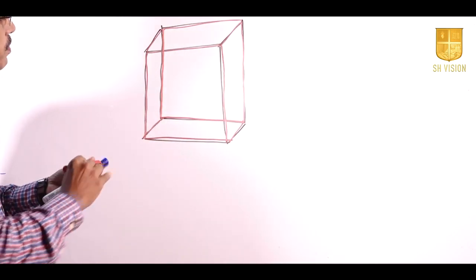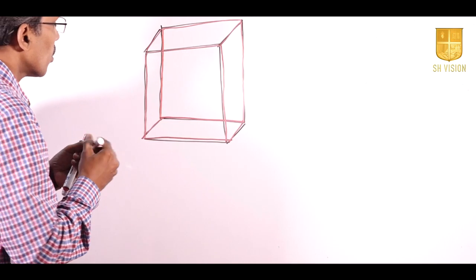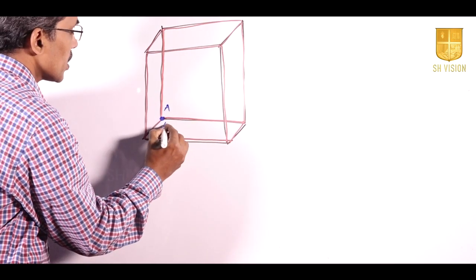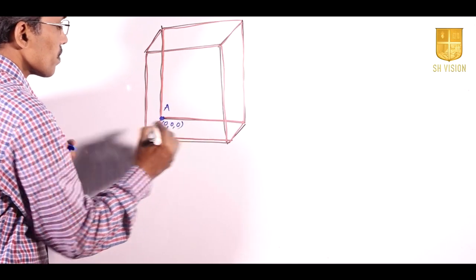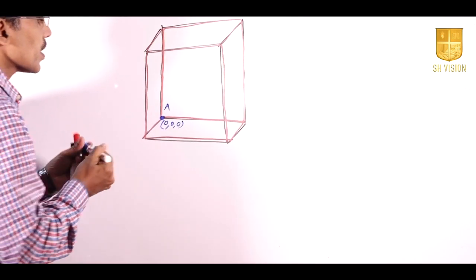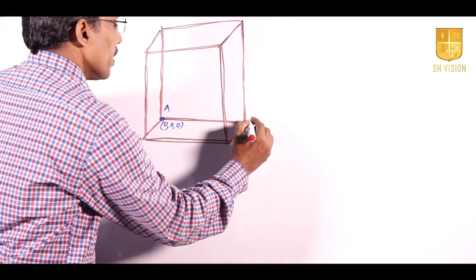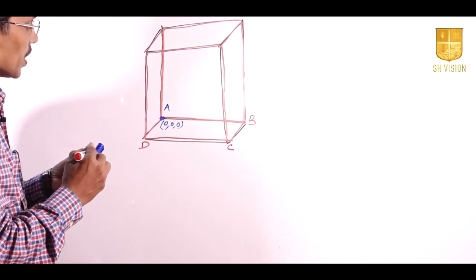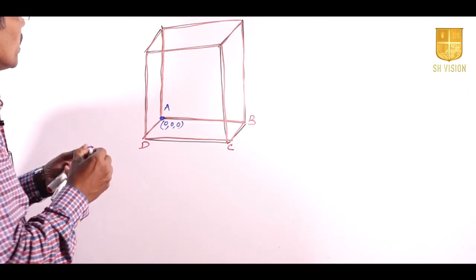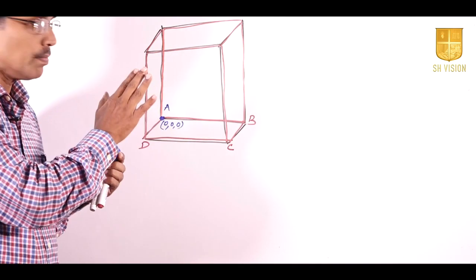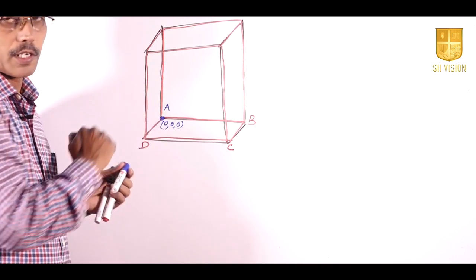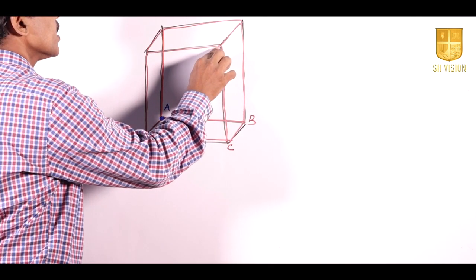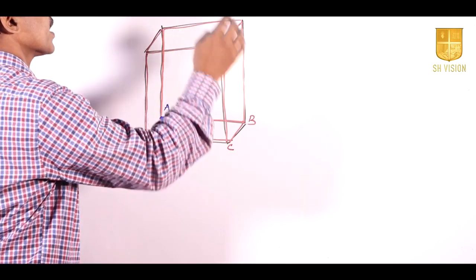Now for these cubes, there is a common origin, I mark it A, that is 0, 0, 0. So this base plane I mark as A, B, C, D. Along this body diagonal, this A is the bottom, back, left corner, which is taken as origin, and this is the top, front, right corner.